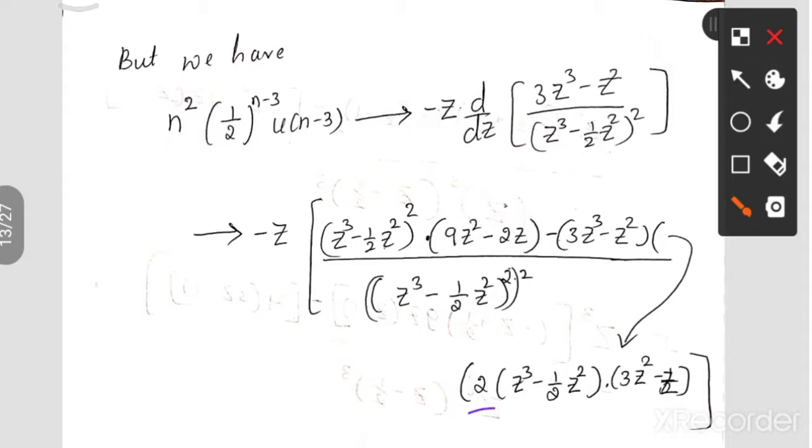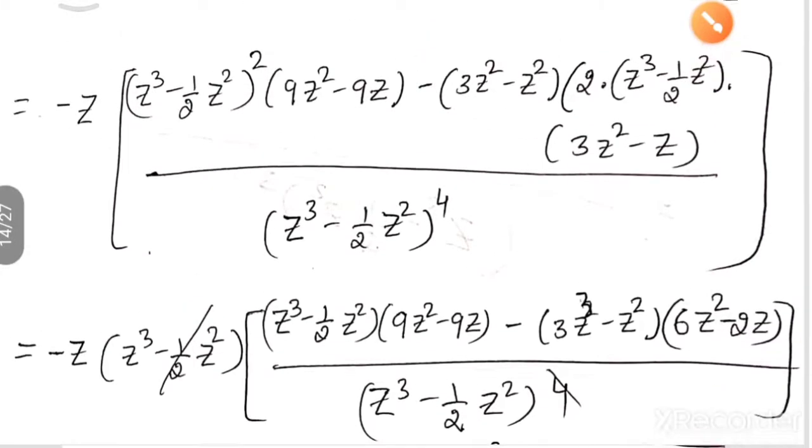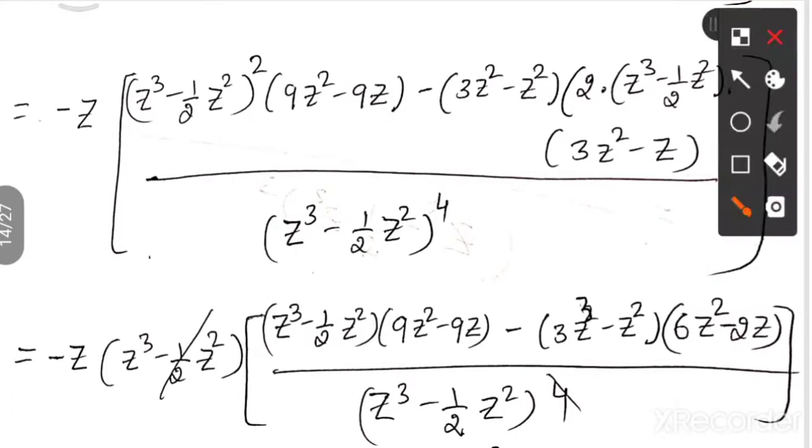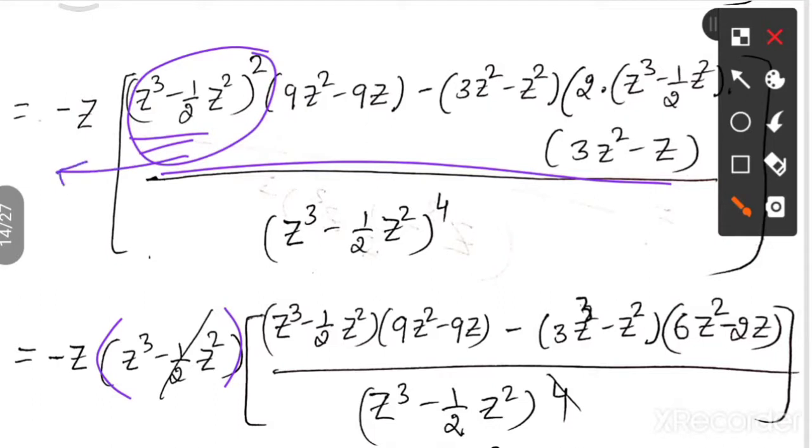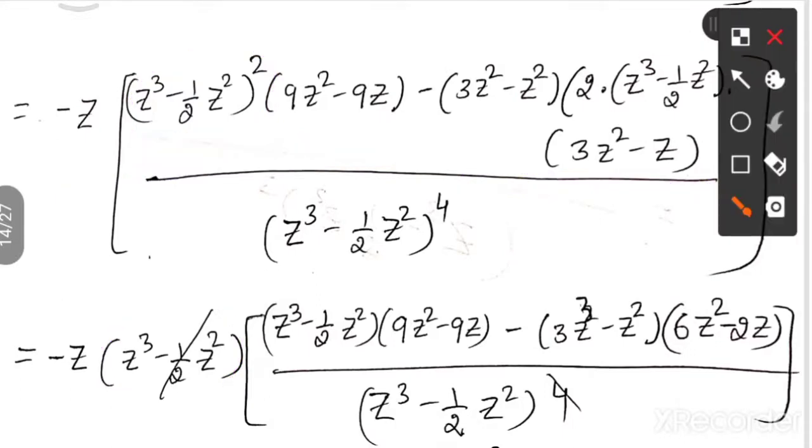It was 2 into z cube, so this 2 has to be multiplied with this. So write systematically. So as we have said, take z cube minus 1 by 2 z square, one factor from this, okay, one term of this first factor, and from this second factor also we have, that is z cube minus 1 by 2 z square. Take that term outside first, okay.